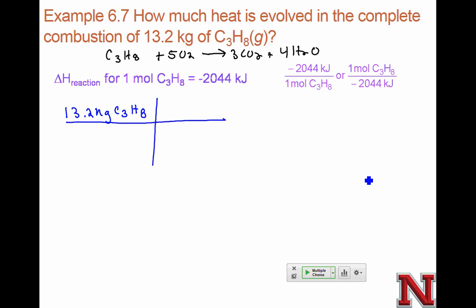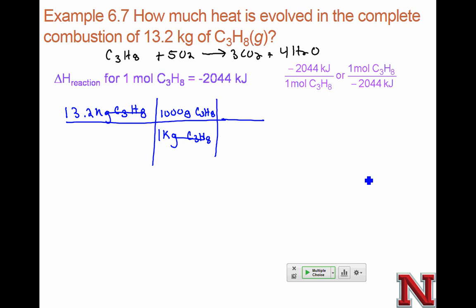We can calculate our molar mass of C3H8, but remember our molar mass is in grams per mole, and this is given to us in kilograms. So we want to convert that to grams. Remember, kilograms are bigger than grams, so we have 1,000 grams in 1 kilogram.